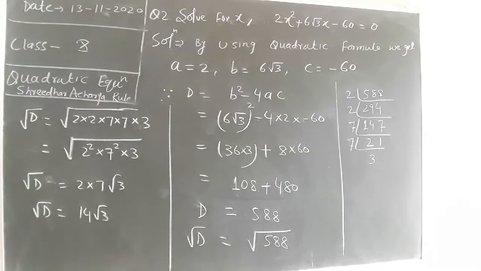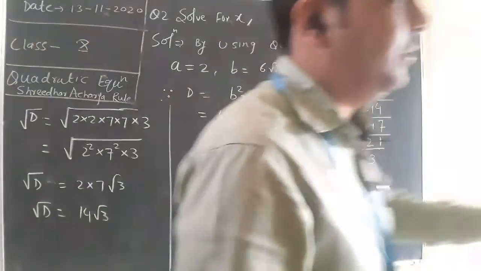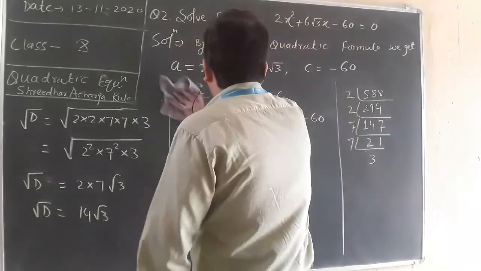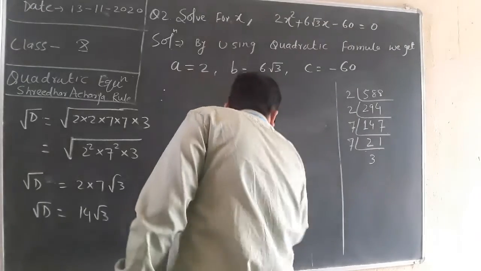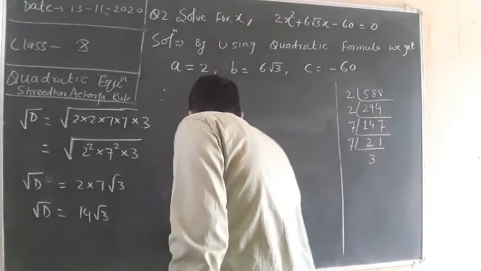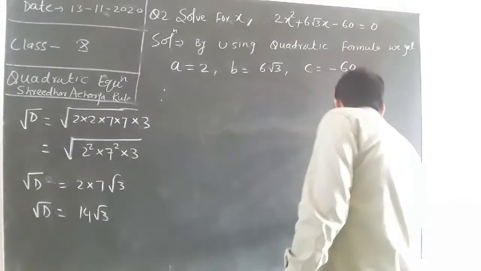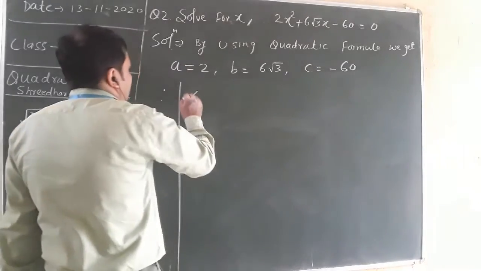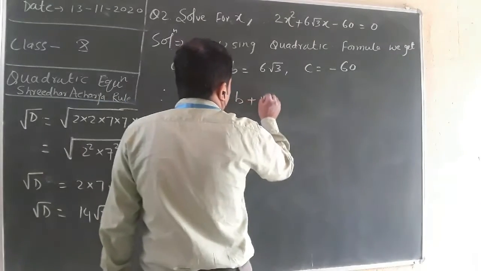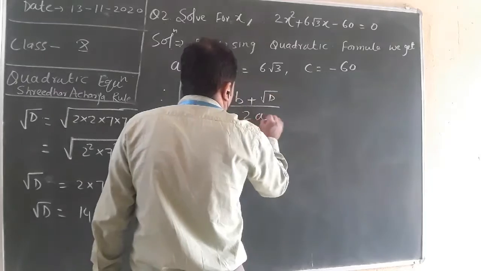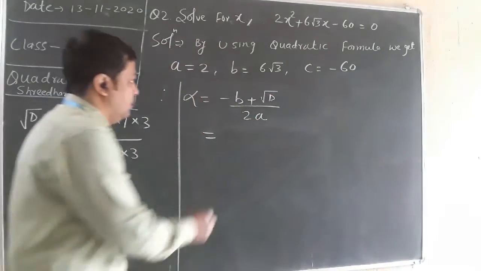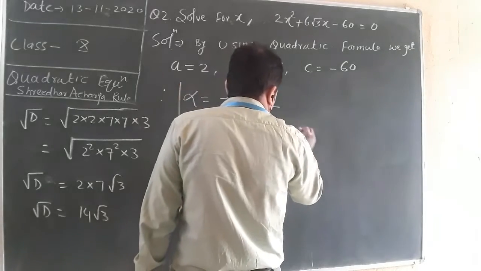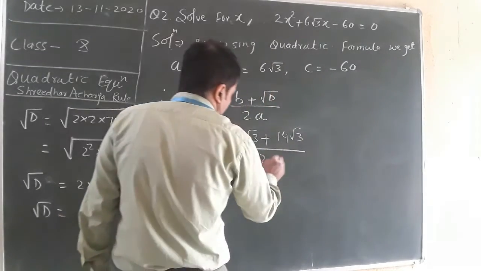This is the value of root D. After finding the value of root D, we will find the value of alpha and beta. Now alpha is equal to minus b plus root D divided by 2a, that is equal to minus 6 root 3 plus 14 root 3 divided by 2 into 2.